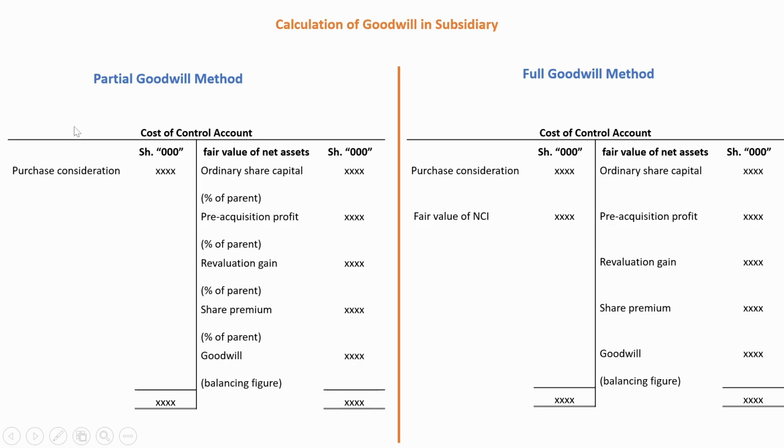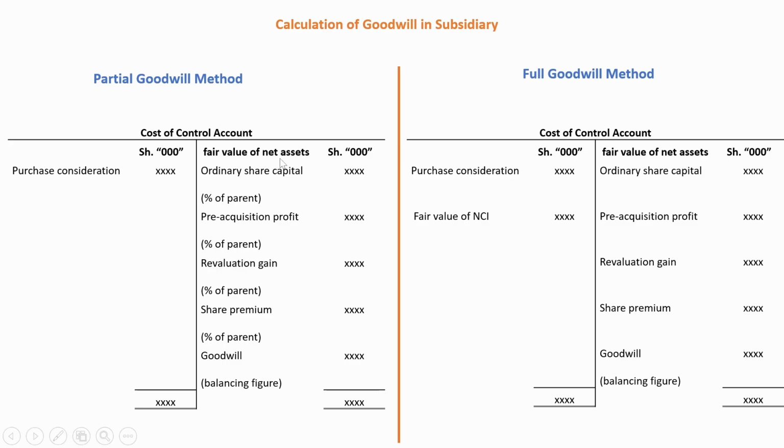On the debit side, when we are using the partial goodwill method, we only show the purchase consideration, which is the price paid by the parent to acquire the subsidiary. Then on the credit side, we show the fair value of net assets of the subsidiary.